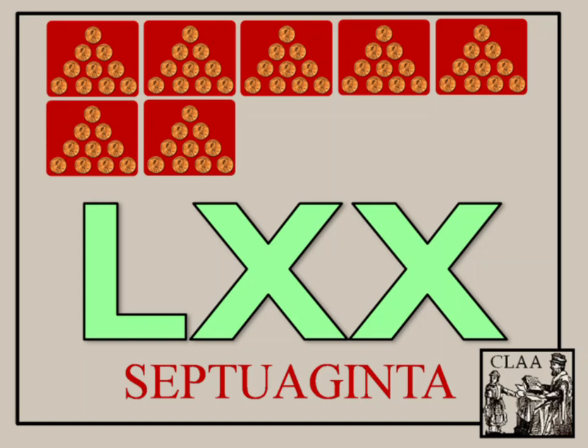Counting from Septuaginta is very simple. We say Septuaginta unus, Septuaginta duo, Septuaginta tres, and so on, just as before. 7 sets of 10 is 70, or in Latin, Septuaginta.